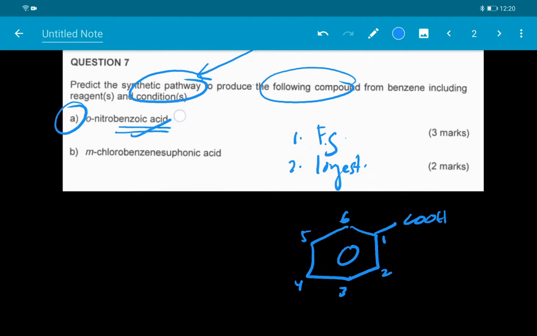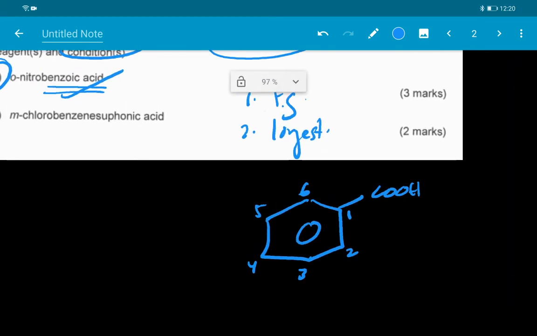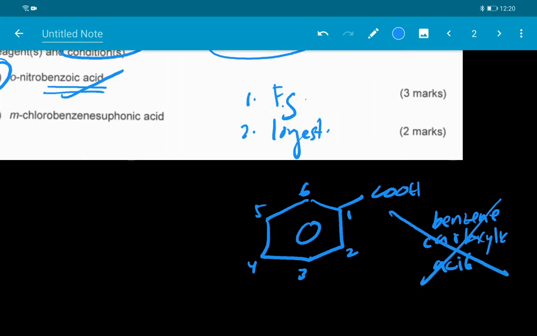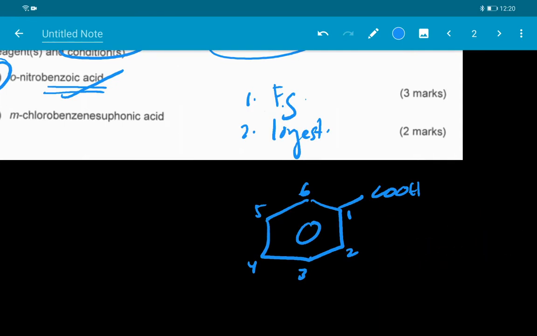So that settles the benzoic acid. Another name for benzoic acid is benzene carboxylic acid. However, based on the common name, we're not going to use benzene carboxylic acid. We're going to use benzoic acid instead.